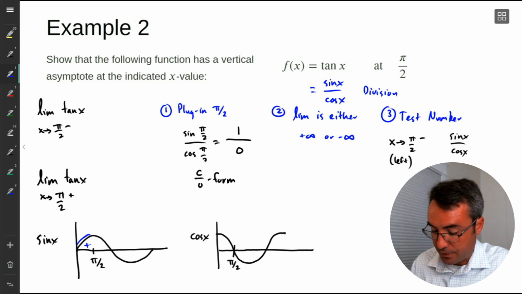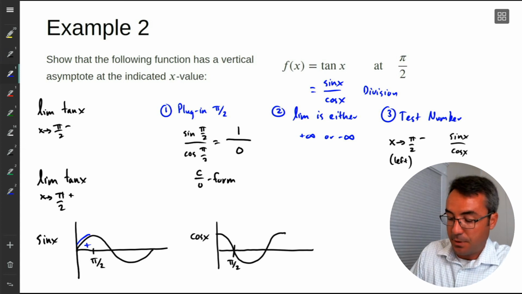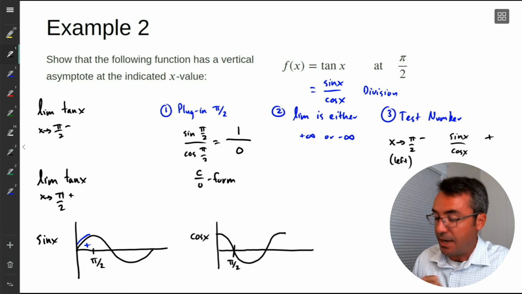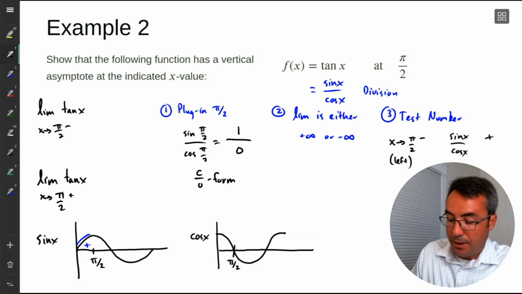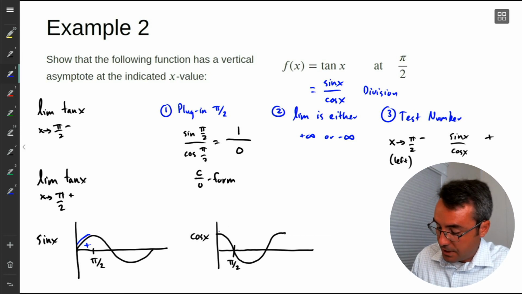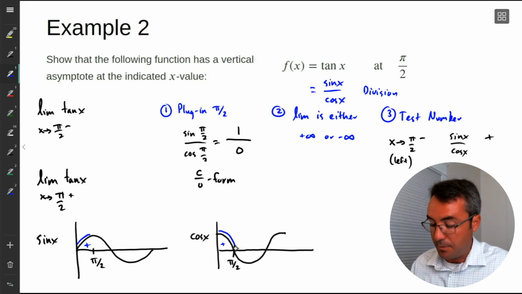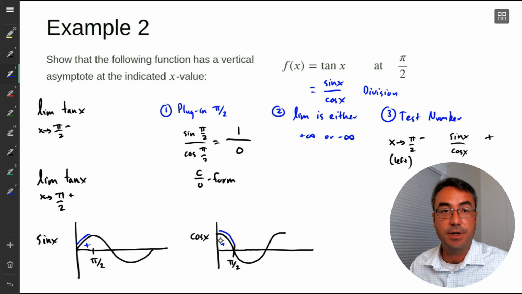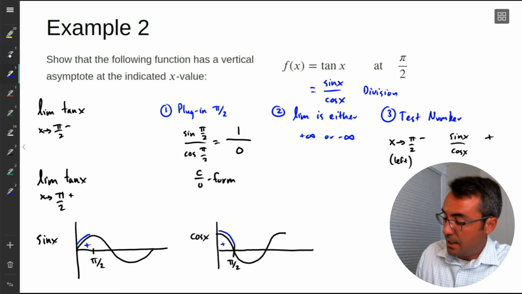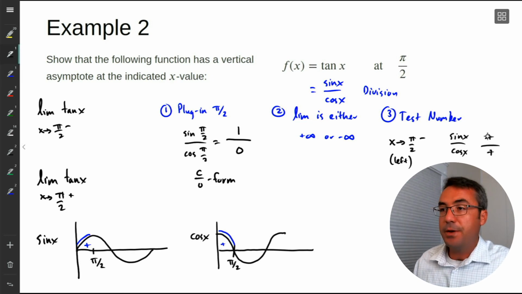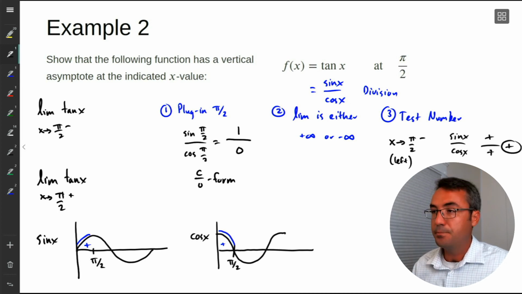So it's positive over here on the left. So our sine curve is positive on the left side. Now what about for our cosine function? Well, it's also above the horizontal axis, so it's also positive. The height is positive over here. So cosine is positive. So we have a positive divided by a positive. The whole thing is positive then.